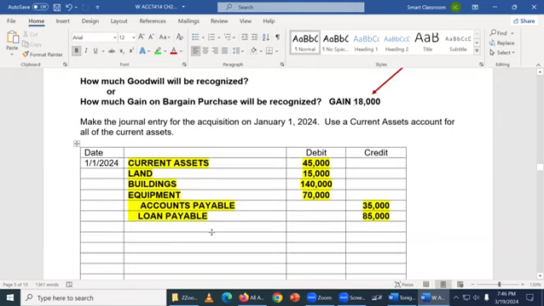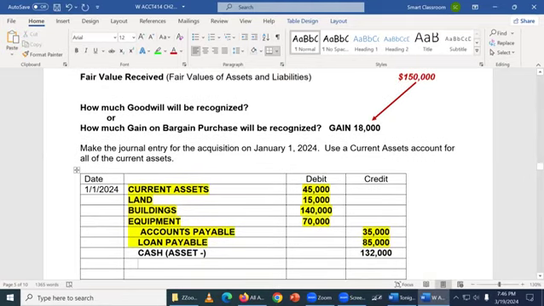Okay, so we come down here. Our cash we paid out is 132. And now this is a one-time deal.